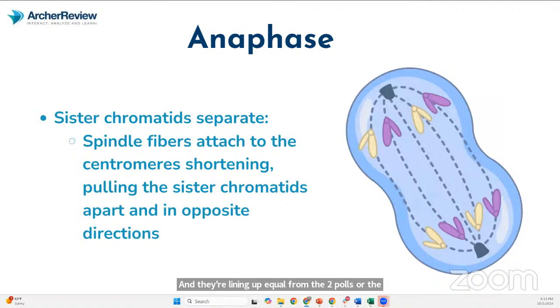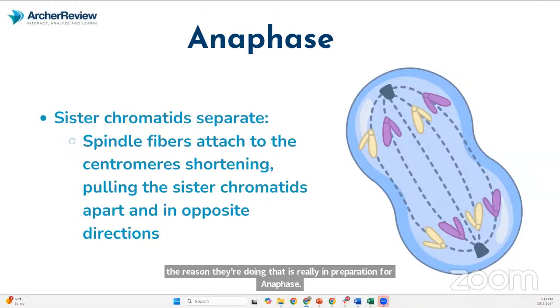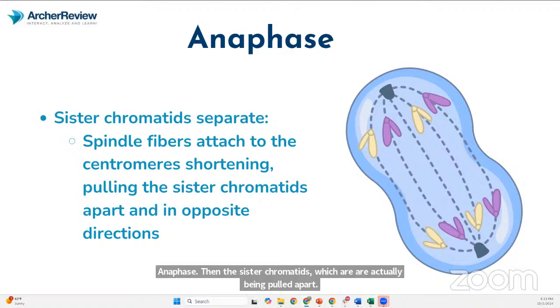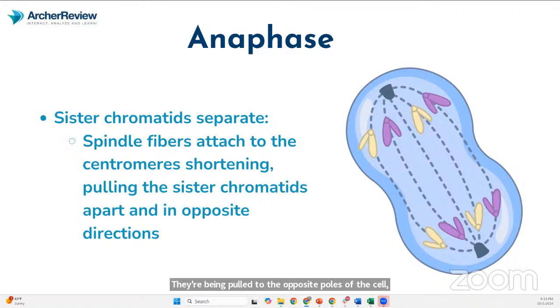The reason they're doing that is in preparation for anaphase. In anaphase, the sister chromatids are being pulled to the opposite poles of the cell, because remember, our whole goal here is to split that DNA apart. So in anaphase, those chromatids are being separated.